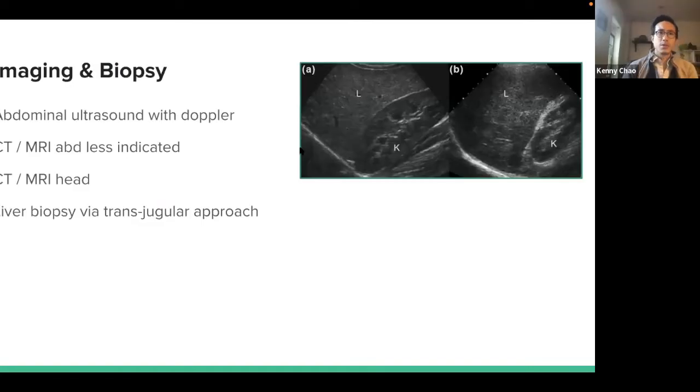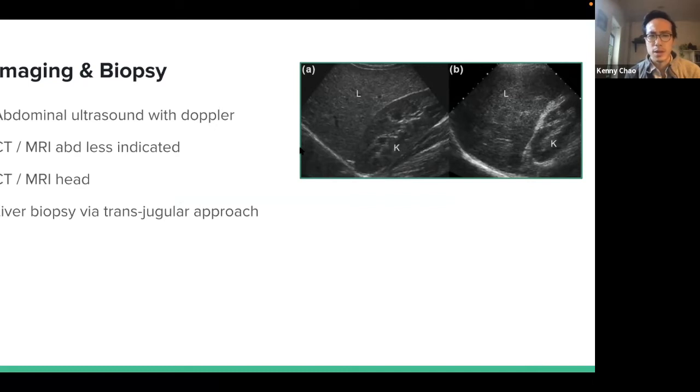In terms of imaging, we can perform our own POCUS. You're not really going to find too much in terms of etiology, but it's a general picture of the liver to see if it's coarsened or if there are any abnormalities. You can consider getting an official ultrasound as well, where you can get flow and assess for any vascular pathology.